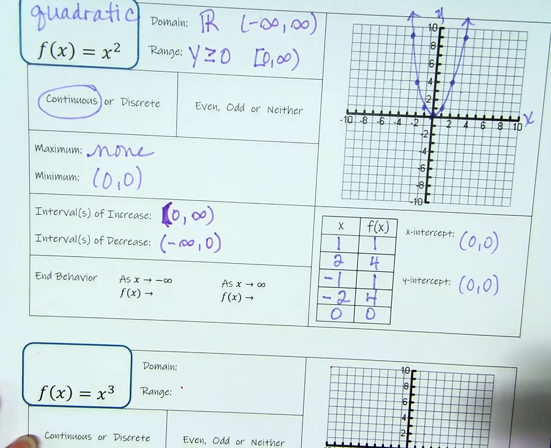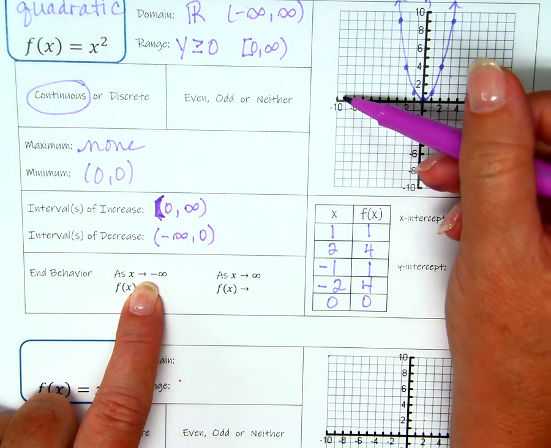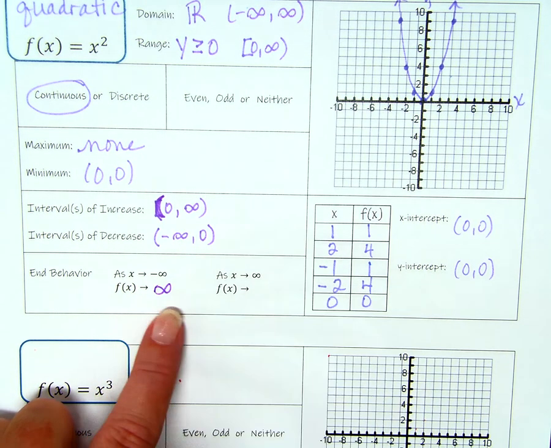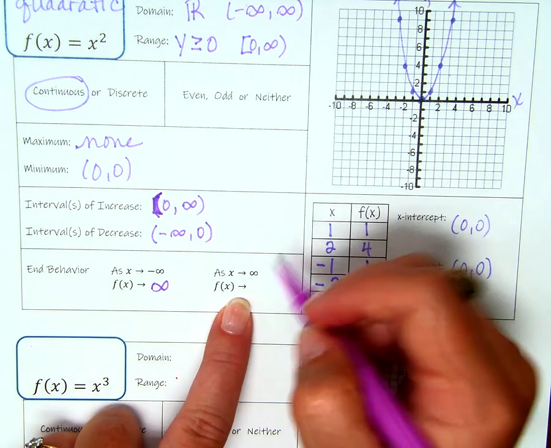Ready? As x is going to the left, what's happening to the y's? They're increasing, so what do I write? Positive infinity. As x is going to the right, what's happening to the y's? Also increasing. Good job.